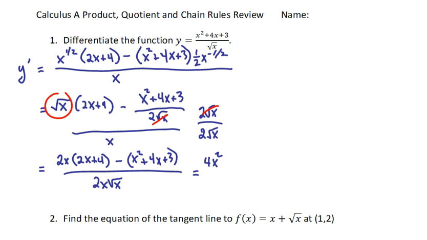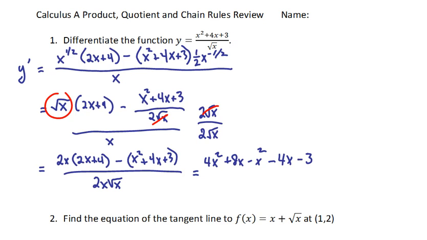Now, once again, I should do some simplification on the left side and combine some like terms in the numerator. And I get 4x squared plus 8x minus x squared minus 4x and then minus 3, all over 2x square root of x. And I would prefer to write the x times square root of x as, since square root of x is to the 1/2 power, x is to the 2/2 power.